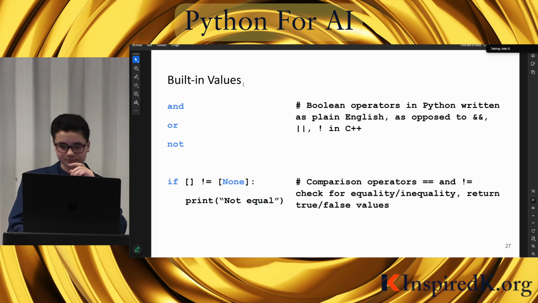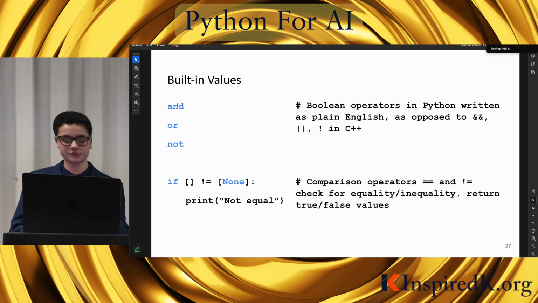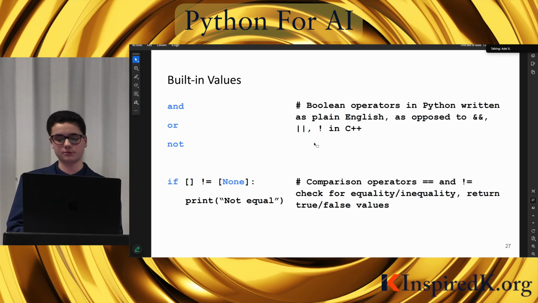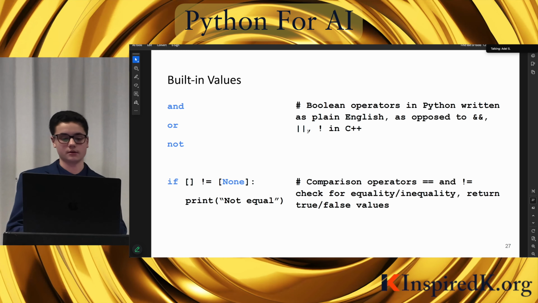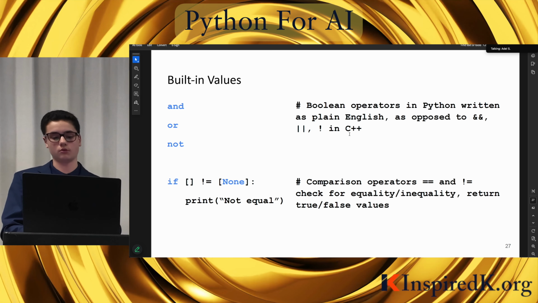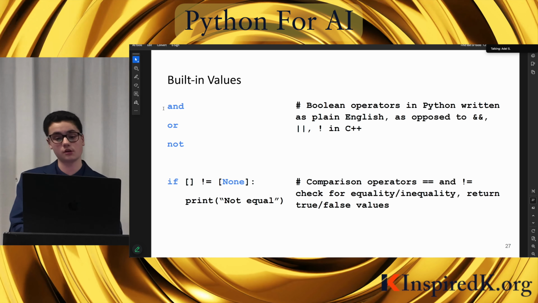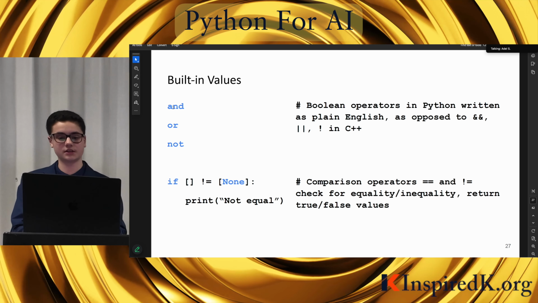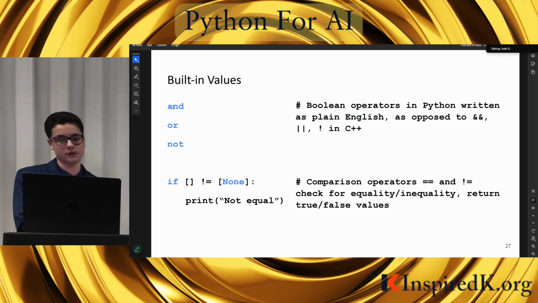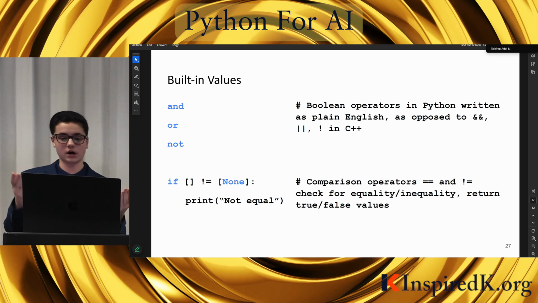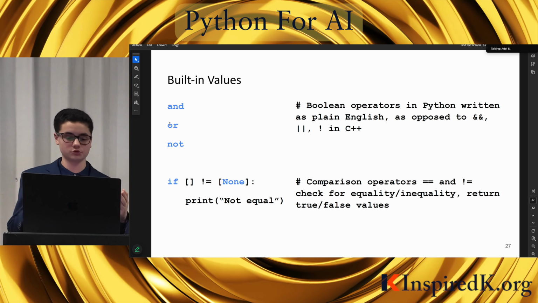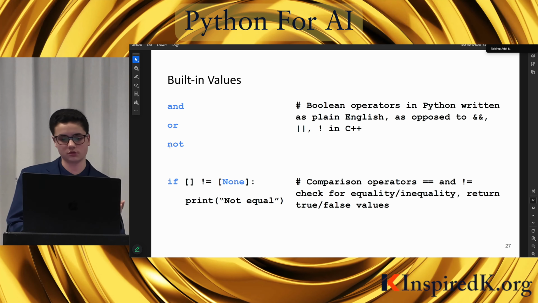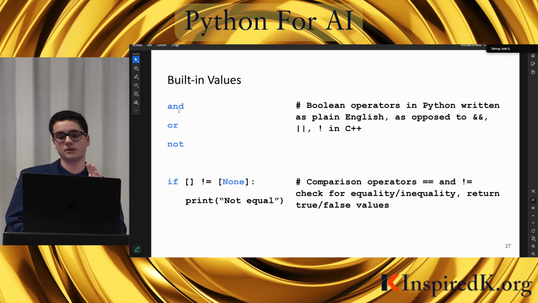Additionally, for operations in Python, we can use the plain English operators and, or, not, instead of symbols like the ampersand, the bar, or exclamation signs as used in other languages. This makes Python very simple to understand, as if you have two Boolean values, x and y, we can check if both of them are true, if one of them is true, or if one of them is inversed.